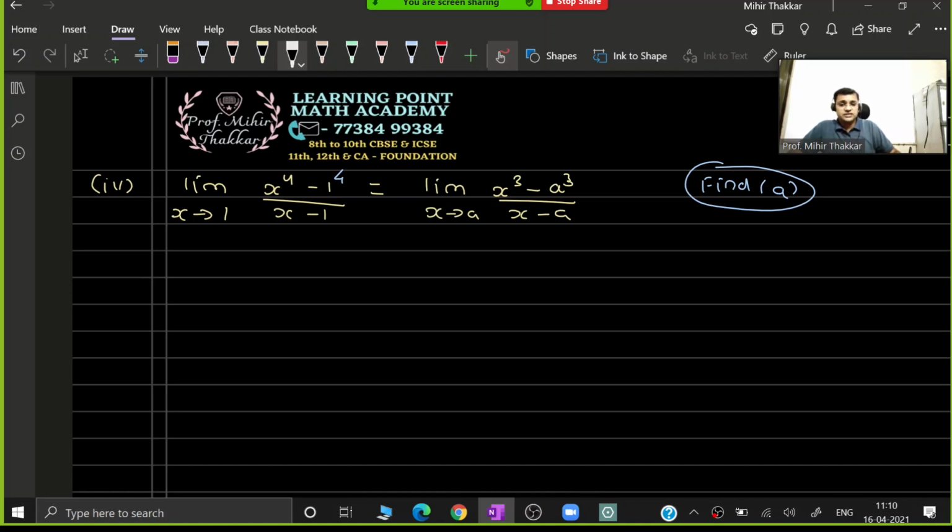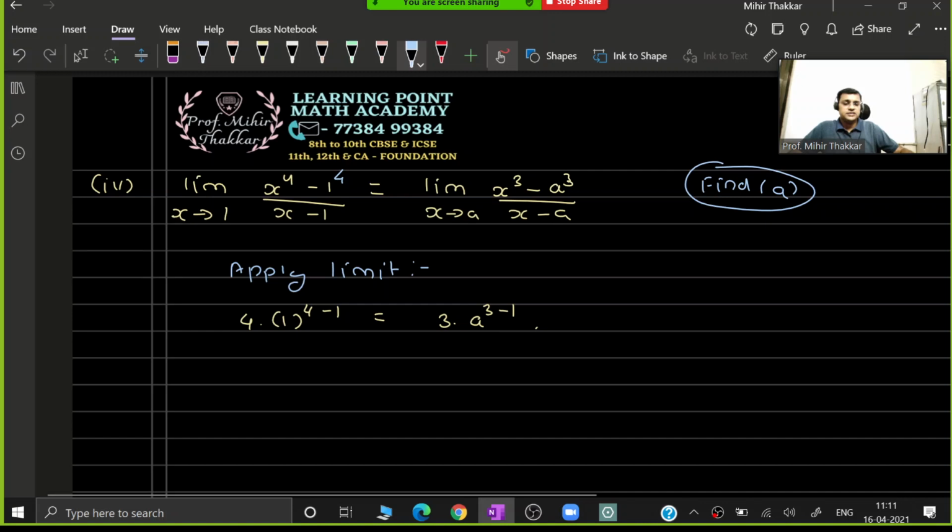Therefore, on the left hand side, I have to write over here, apply limit. So this will become 4 into 1 to the power 4 minus 1 divided by 3 into a to the power 3 minus.